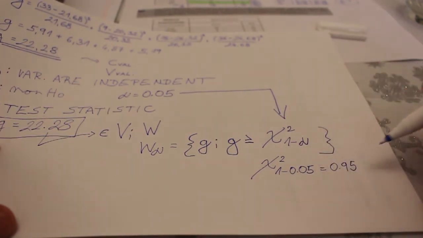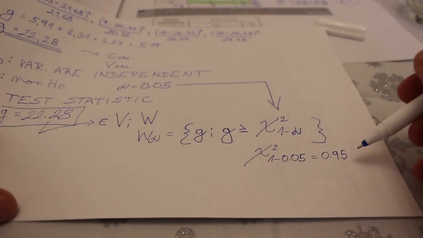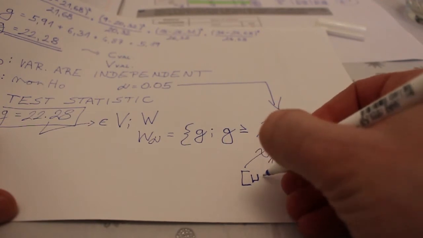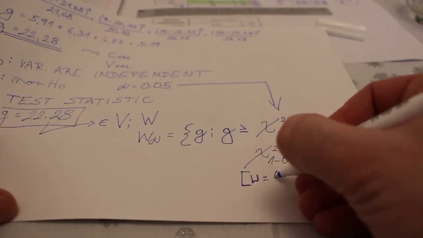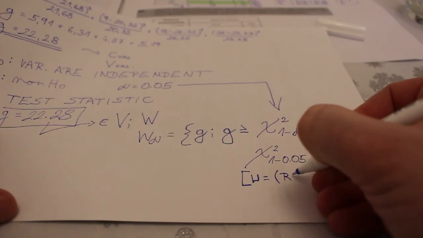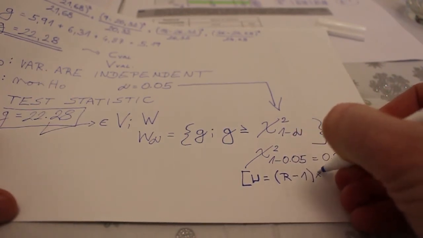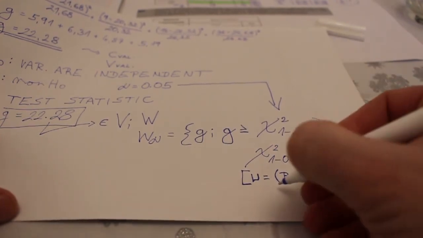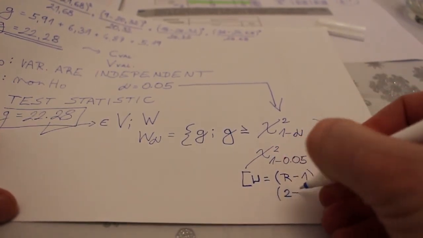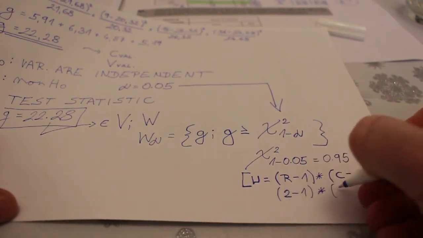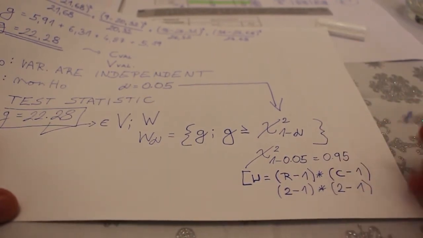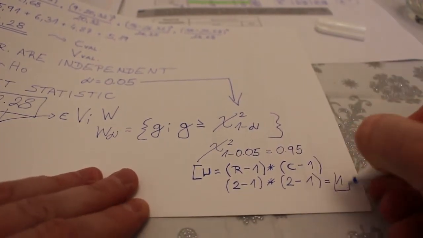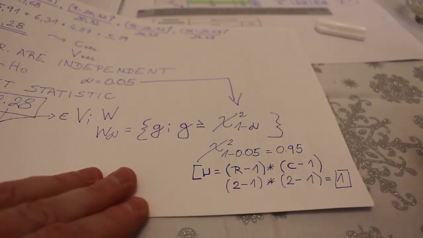Find the 95% quantile of the chi-square distribution with degrees of freedom nu, and nu is calculated as number of rows minus 1 times number of columns minus 1. In our situation, 2 rows minus 1 times 2 columns minus 1. 1 times 1 is equal to 1, with 1 degree of freedom.